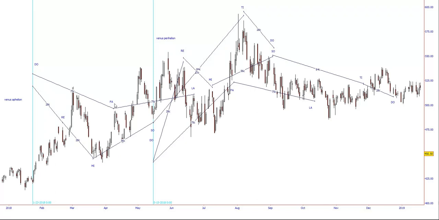Then projecting that 75 again gives me the La tone, and that takes me to this high right here. And then the full cycle completes over here at Do, right here in the weekend gap, right off the high after the inside bar.